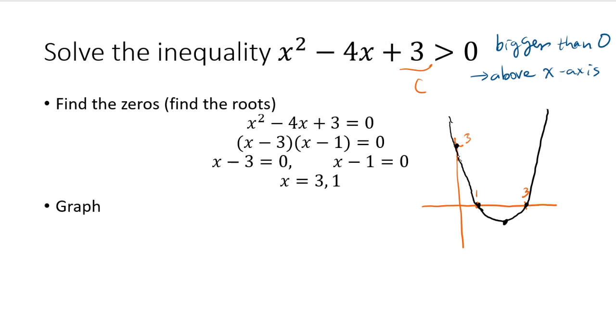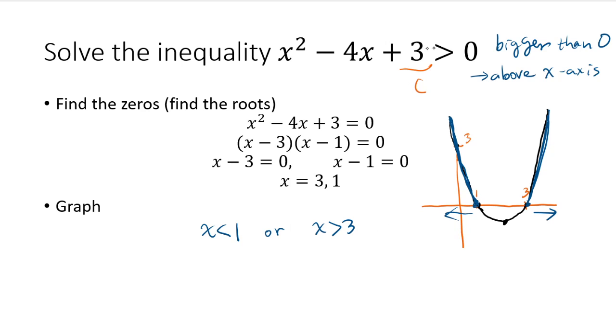Since it's above the x-axis, the part of the graph that's above would be this part and also this part, so the two outside intervals are the solutions. So we know that x is less than 1 or x is greater than 3 are the two possible solutions.